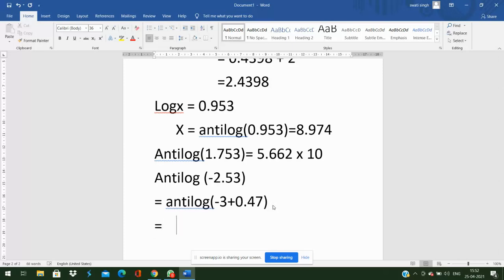So it will be into 10 to the power minus 3. Minus 3 is its exponent power. And now here this is antilog 0.47.